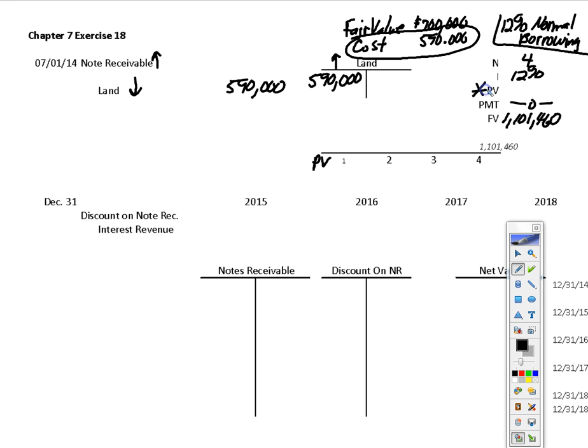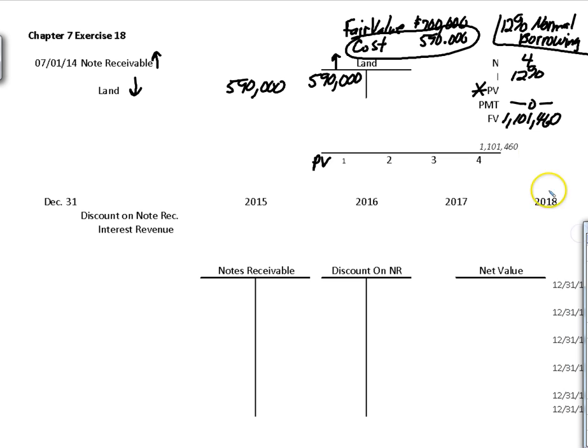Okay, we key all of that in, plug it into our calculator, and we should get $700,000 for the present value. And by the way, that should not be a surprise, because that's the fair value of the land. So if you think about it, the company gave up land with a fair value of $700,000, and they received a note that's worth $700,000 today.